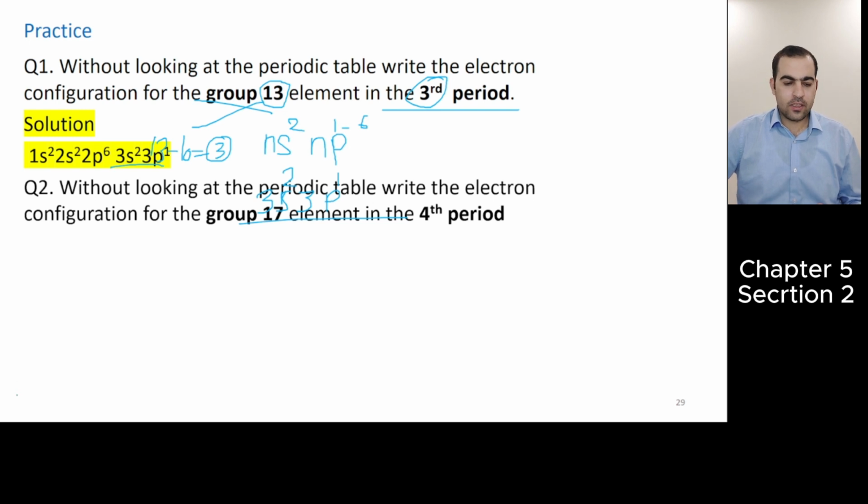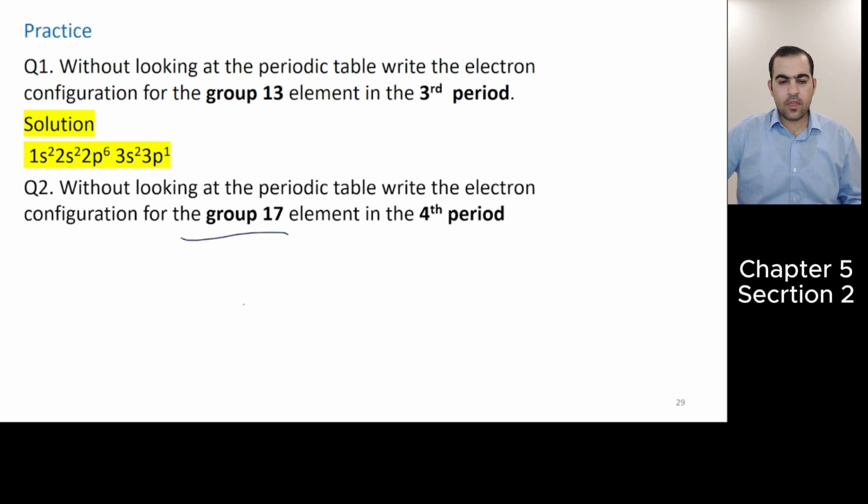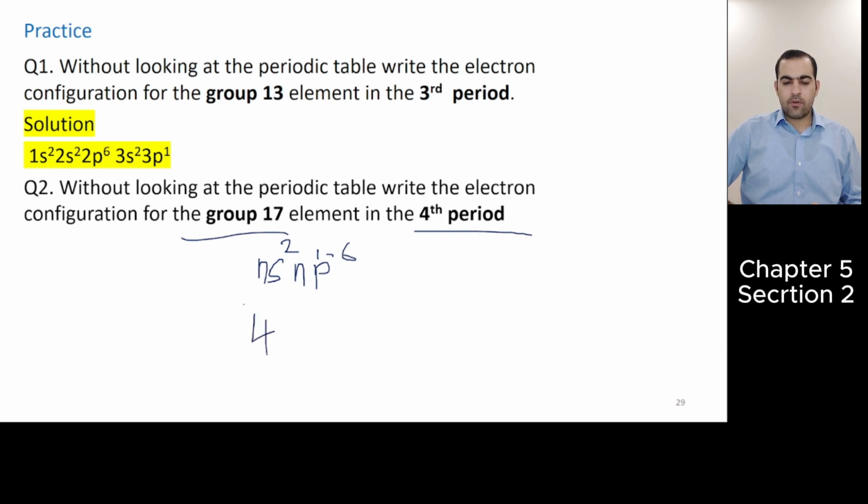Here, group 17. Okay. Group 17, fourth period. Group 17 means p block. P block is ns2, np 1 to 6. N equals 4, 4s2.